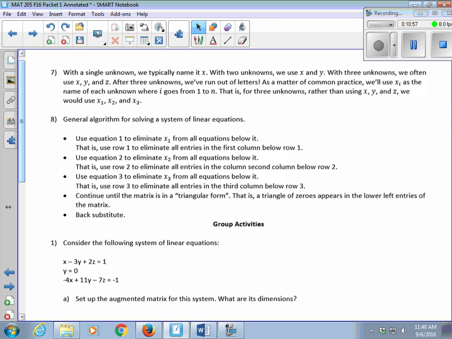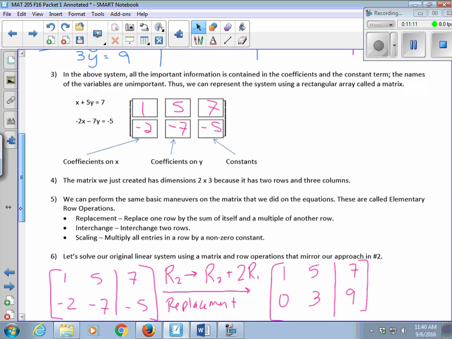You want to use equation 1 to eliminate X1 from all equations below it. That is, you're going to use row 1 to eliminate all the entries in the first column below row 1. So if you go back and look at what we did, my first column had a 1 and a -2.